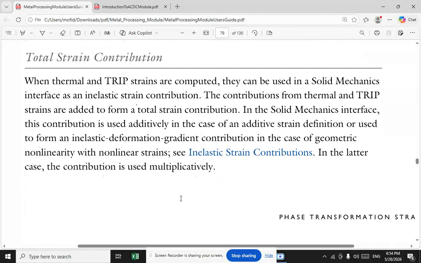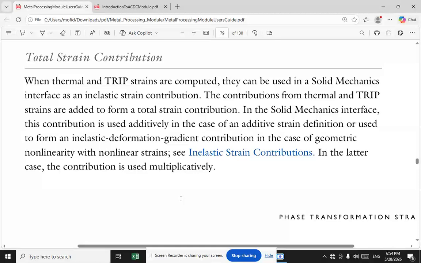When the thermal and TRIP strains are computed, they can be used in the solid mechanics interfaces as an inelastic strain contribution. The contributions from the thermal and TRIP strains are added to form a total strain contribution in the solid mechanics interfaces.